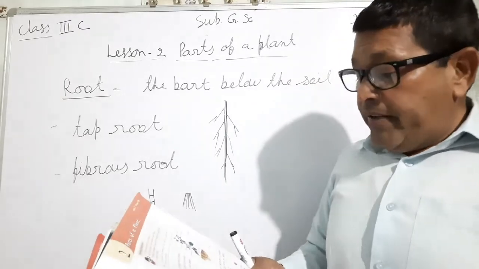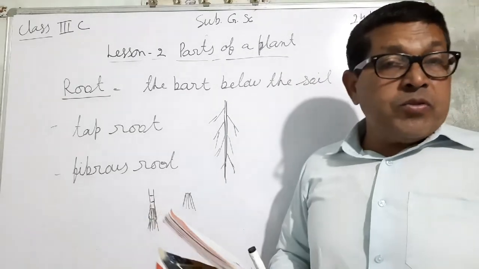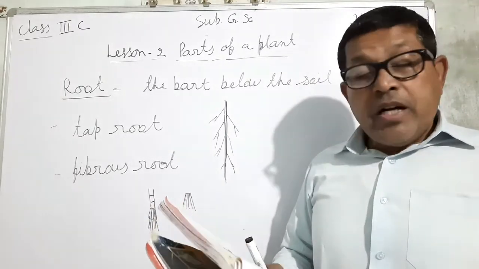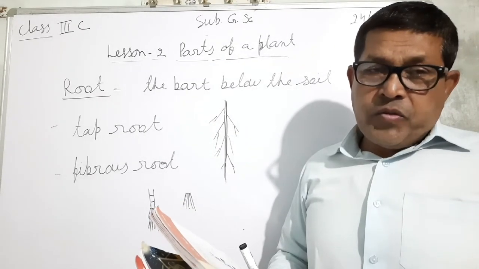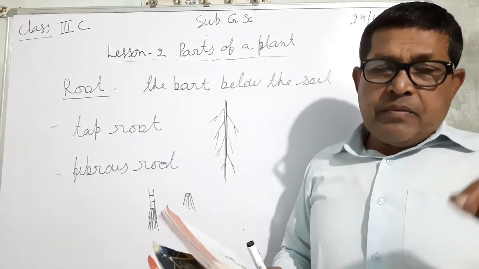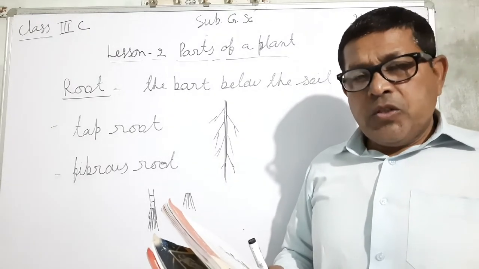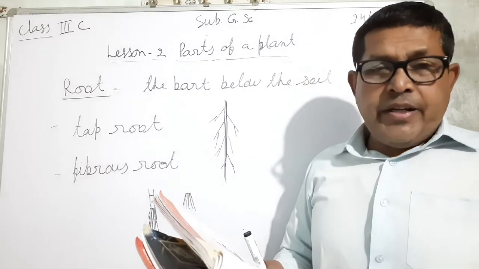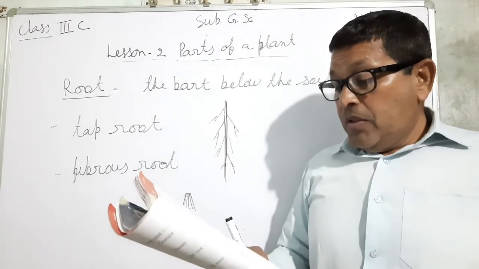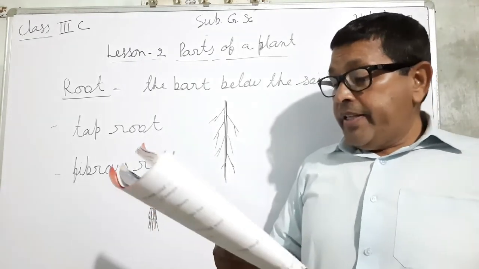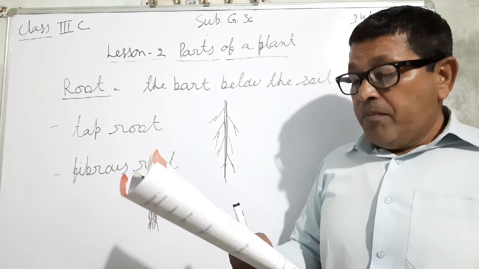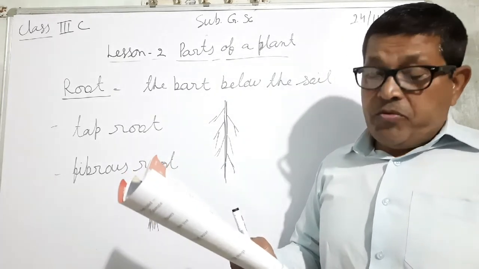There is example given here. Radish, you are familiar to the radish. Carrot, one big root is there, and from which a large number of small sized roots arise.